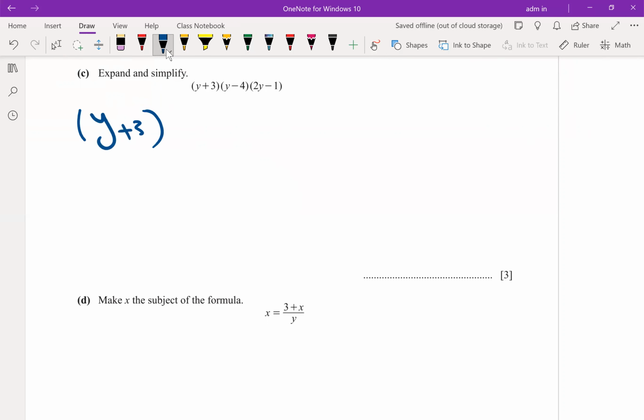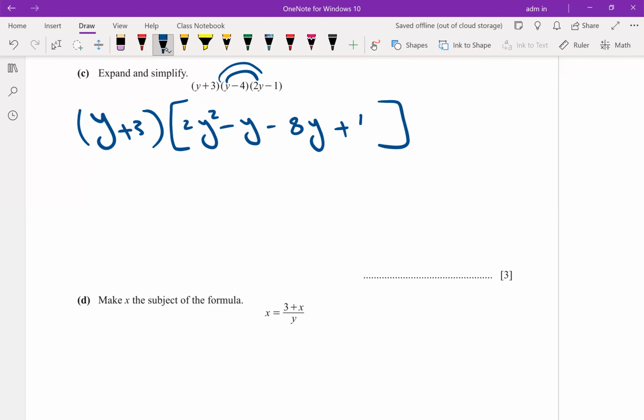Open bracket, expand and simplify. Y multiplied by 2y is 2y squared, then minus y, then minus 8y, then 4. Y plus 3 multiplied by 2y squared minus 9y plus 4.